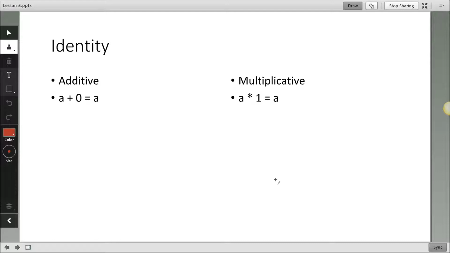Okay, the identity properties. Identity means that you're trying to get back to what you started with. So additive identity always deals with 0, adding 0, not multiplying by 0, adding 0. So that's additive identity.